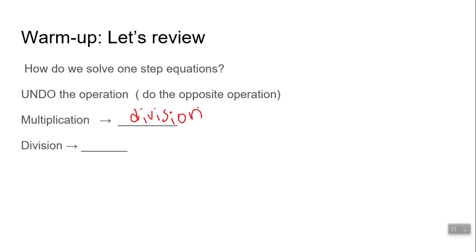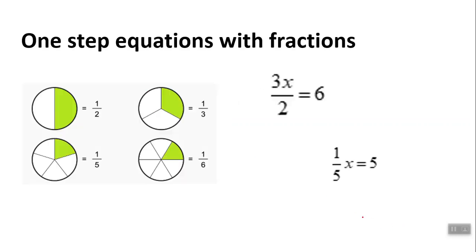And if the operation was a division, the opposite will be multiplication, or you have to multiply to solve one-step equations. And today we are gonna do one-step equations with fractions.